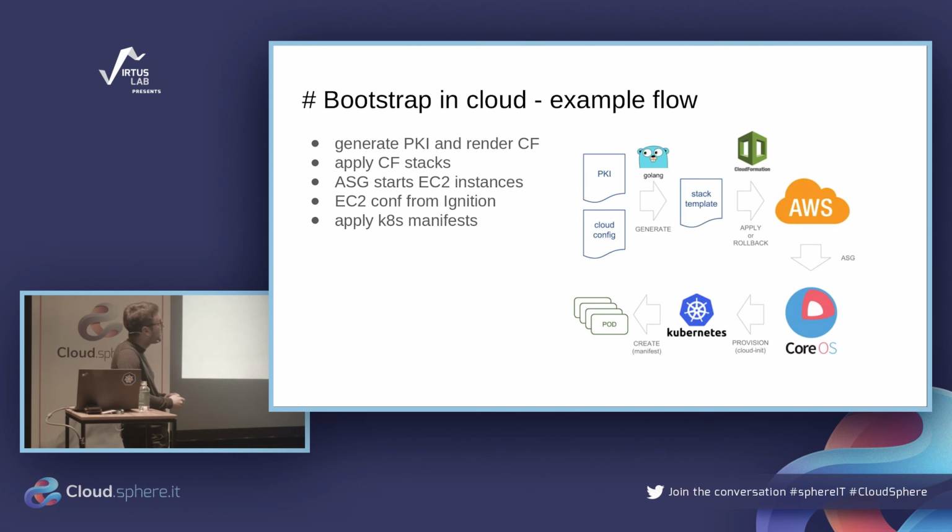Using Golang and Go template language, we can generate it and combine it with a CloudFormation stack, which will be applied in AWS Cloud. Then we have something called an autoscaling group, which will start EC2 instances and provision CoreOS using cloud-init. And then we can start applying Kubernetes manifests and create a bunch of pods.